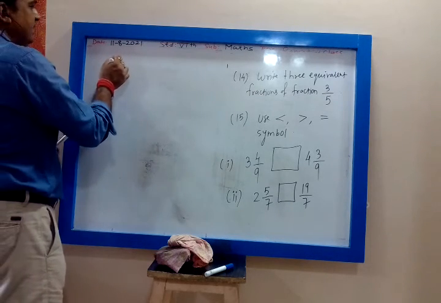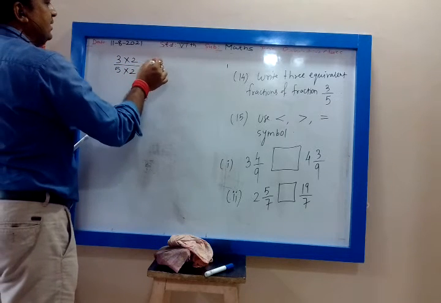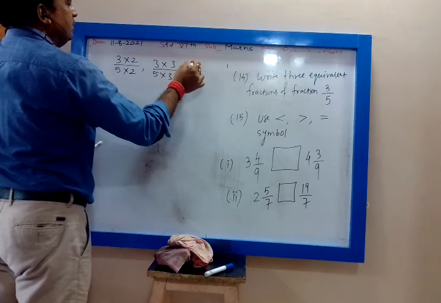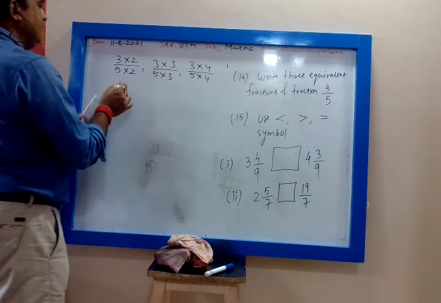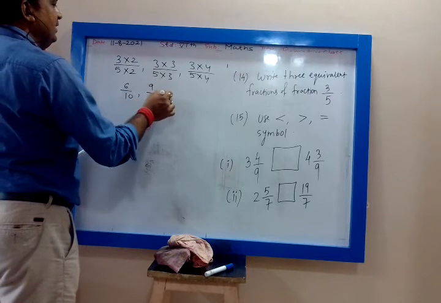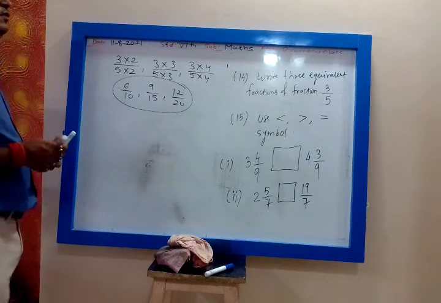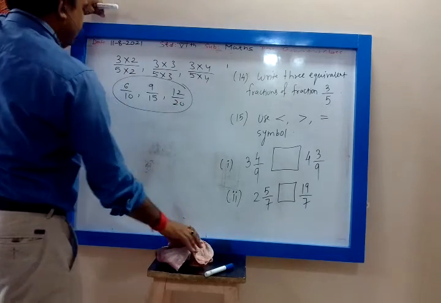To get 3 equivalent fractions, multiply first by 2, 2, then by 3, 3, then by 4, 4. So first it is 6 upon 10, second 9 upon 15, and third is 12 upon 20. So these three are equivalent fractions of 3 by 5. Do the 15th one, chalo.